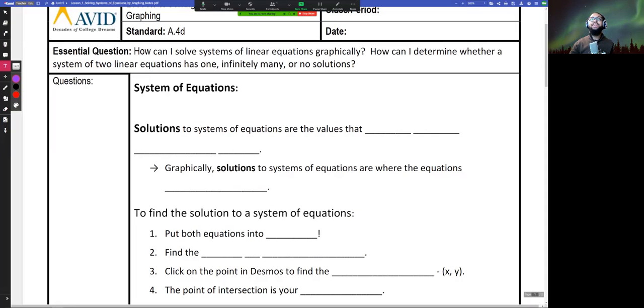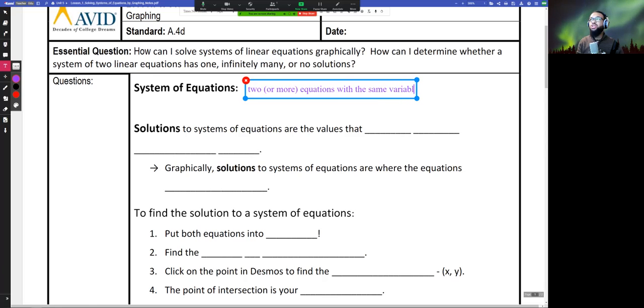First, let's define what a system of equations is, and that's simply two or more equations with the same variable.